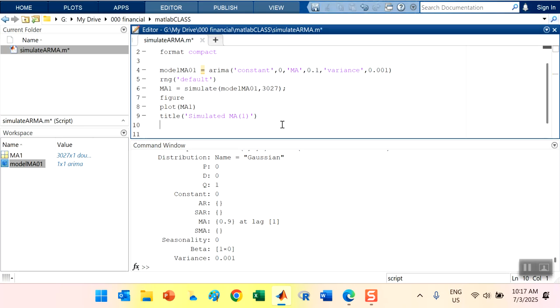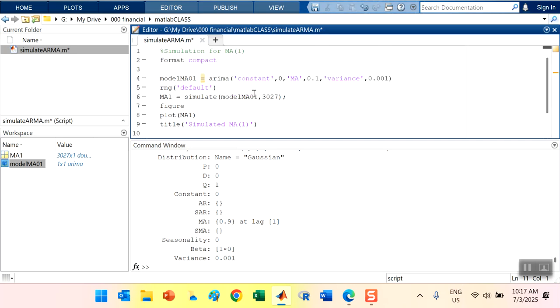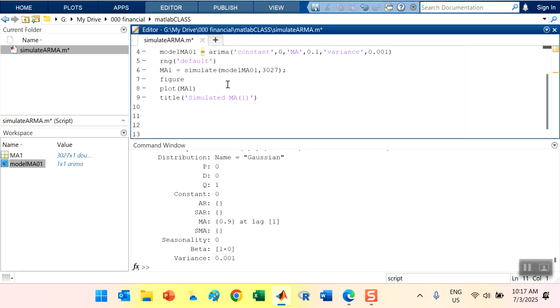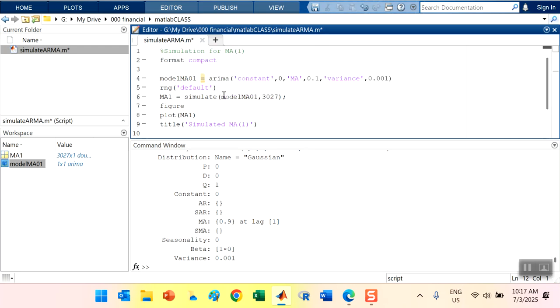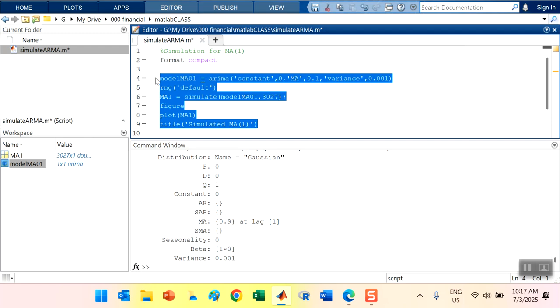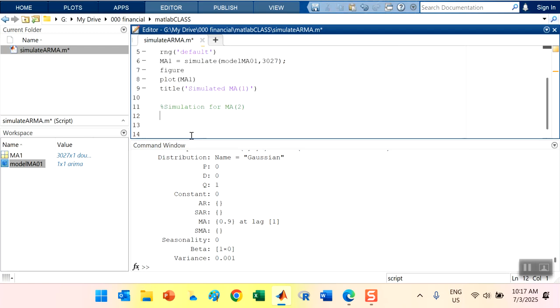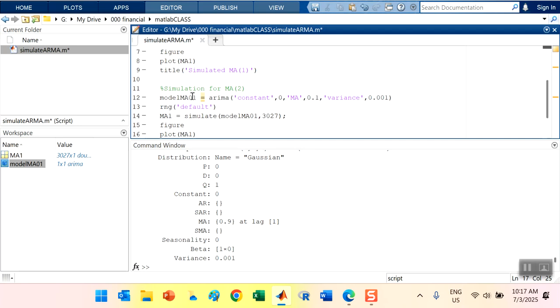Now we can go for the second model. We're going to do the simulation for MA2. Basically everything remains the same, so you can just copy and paste. So now for the ARIMA model, let's say this is the second model. The constant remains as 0. The MA part consists of two coefficients, isn't it? So we use open and close brackets.